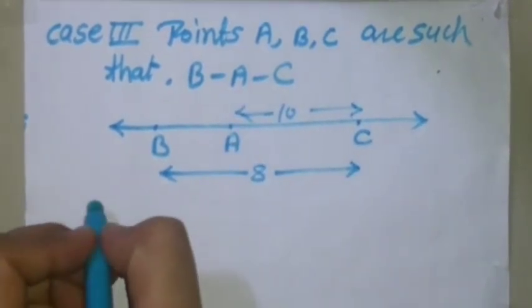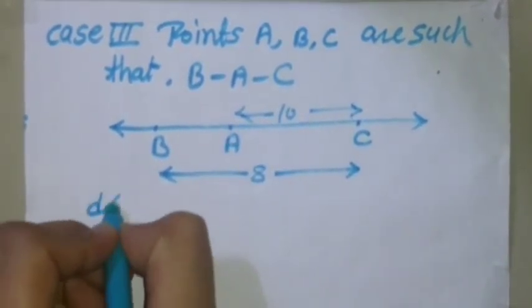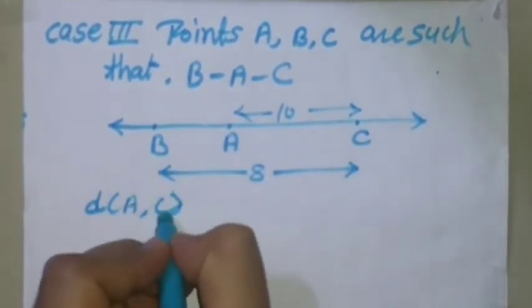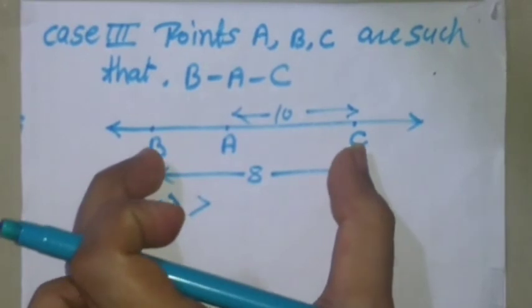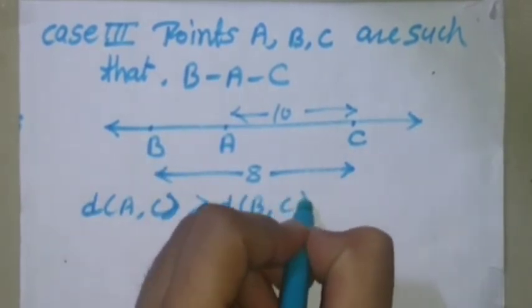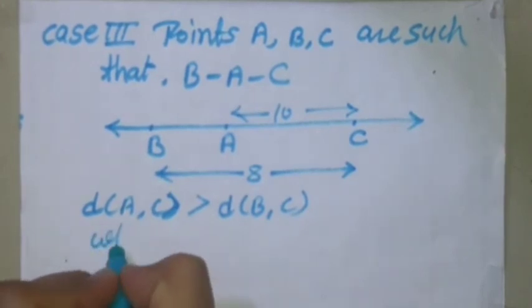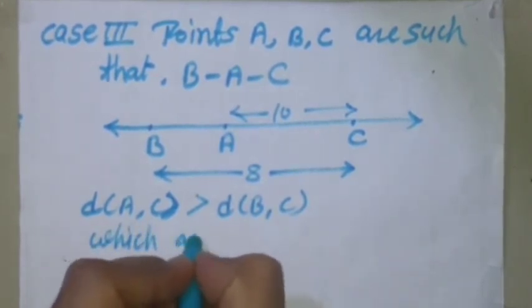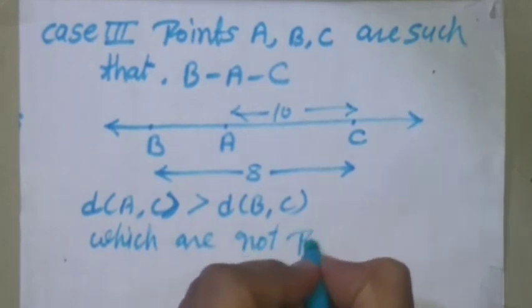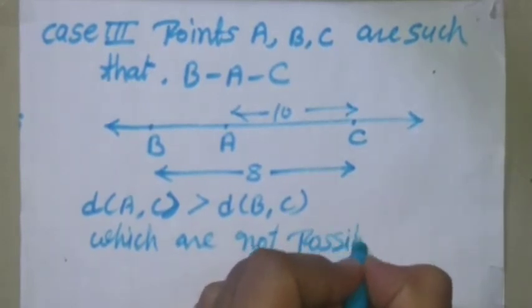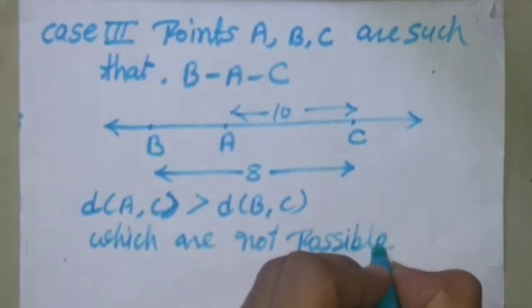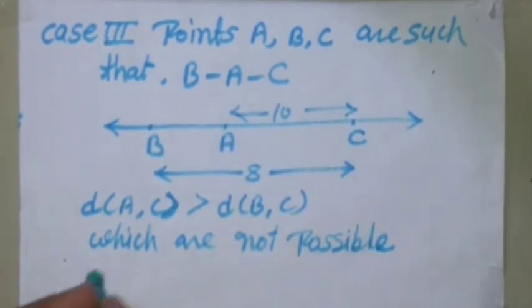From the diagram, distance of AC is greater than distance of BC, which is not possible.